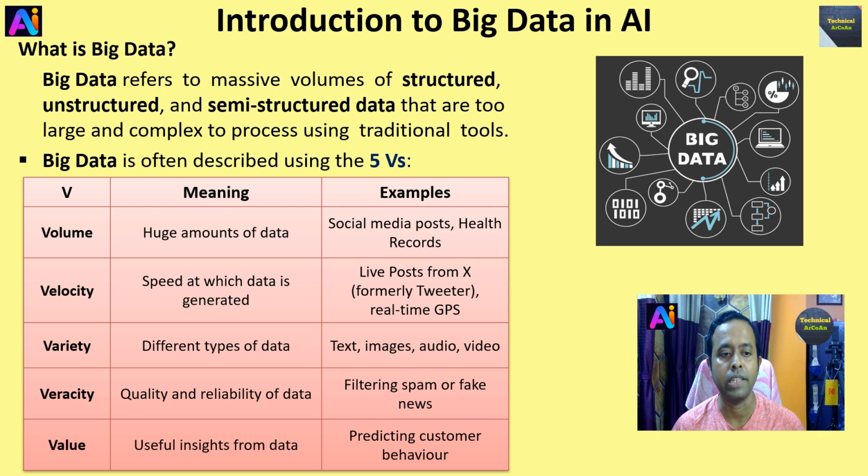Fourth one, veracity, the quality and reliability of data. Filtering spam or fake news are examples, right? And fifth one, value, useful insights from data. Example, predicting customer behavior, right? So we can think in that way. Big data is considered the raw fuel, right?